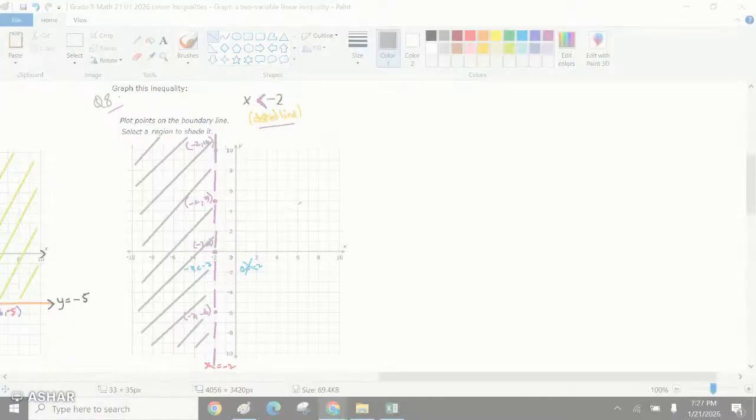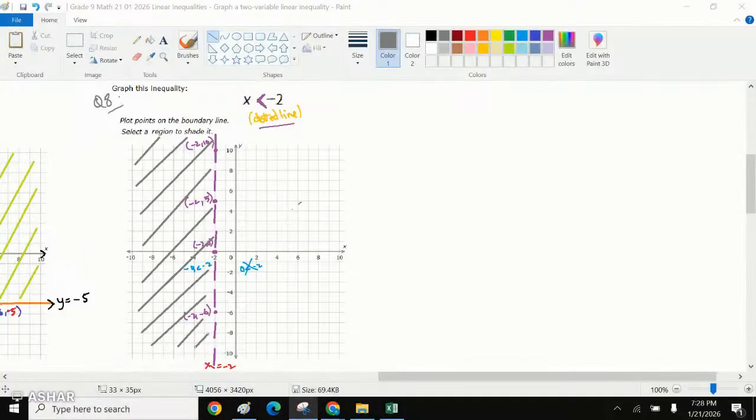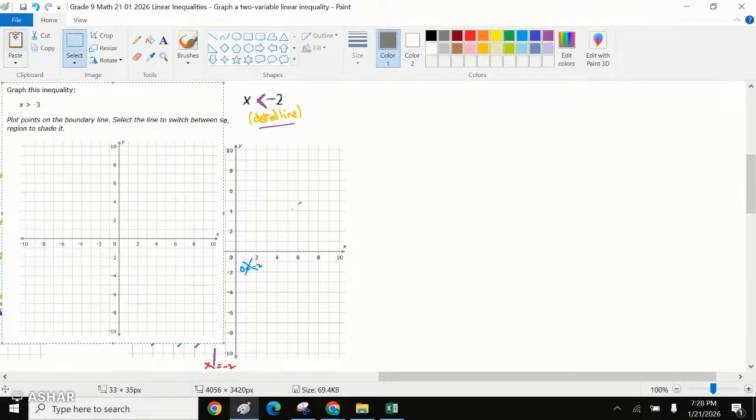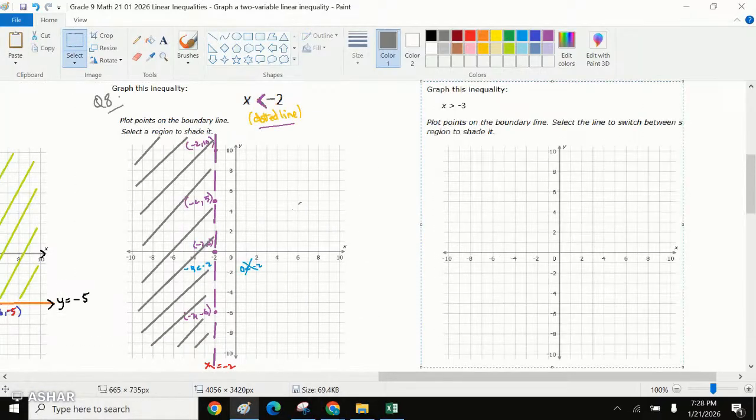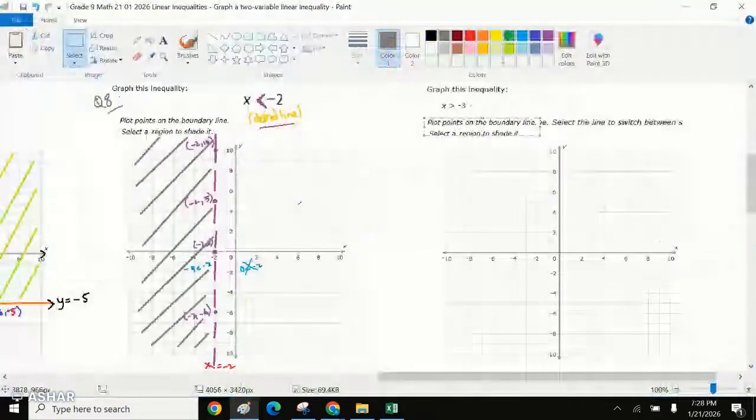Okay, for the next question, it says graph the inequality x is greater than minus 3. Okay, let me just copy this. Sorry.